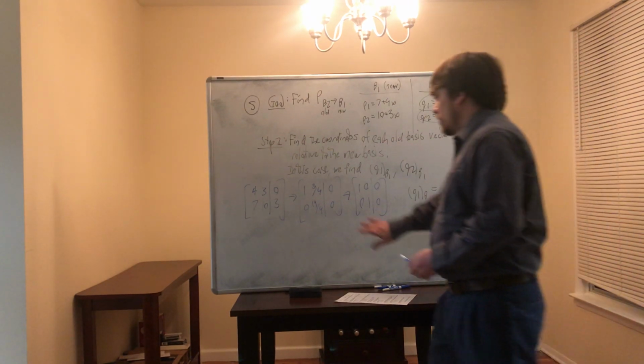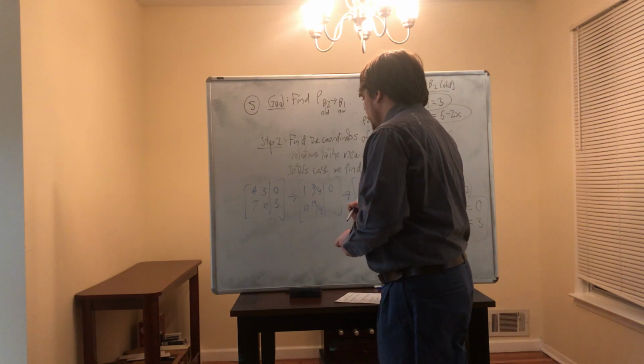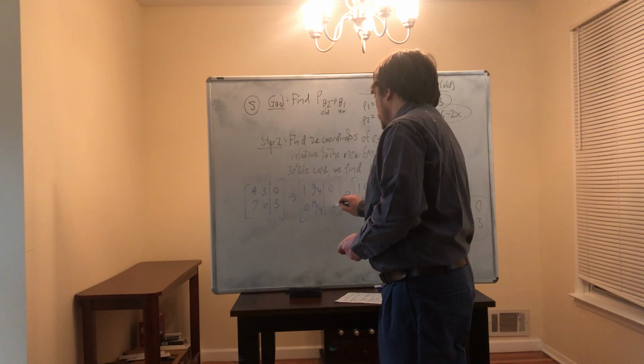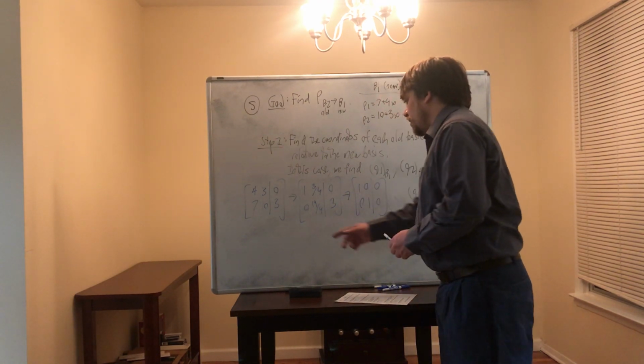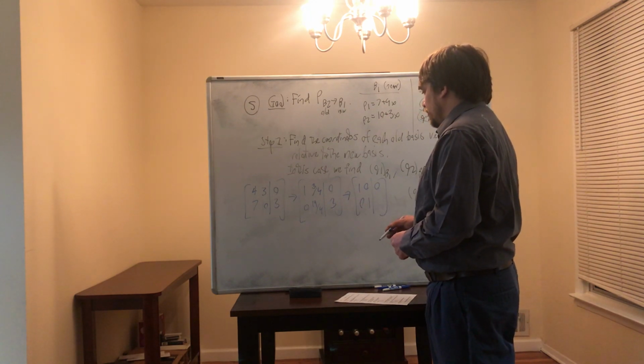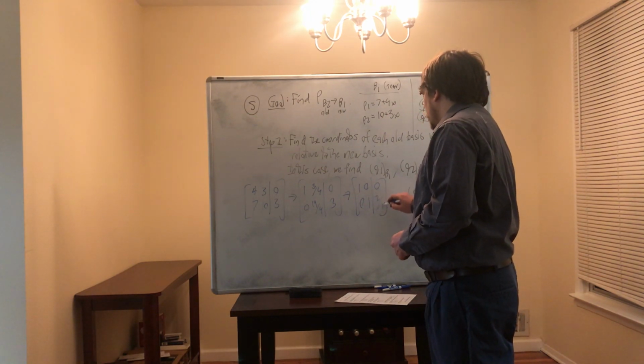Oh wait, there's a 3 here, sorry. We have -7, add it there. Then I'm going to take 4/19 of that. 12/19.